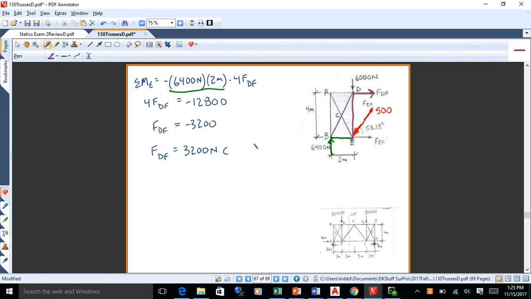And that'll be times 4 meters there. That one's negative too because it's clockwise as well. So I can take the FDF term to the other side of the equation and multiply 6,400 times 2 and get FDF times 4 is negative 12,800. Divide by 4, I get FDF is 3,200 newtons. And that's compression now for FDF. So again, I got a negative on that one. The meaning of the negative is it doesn't pull, it pushes.